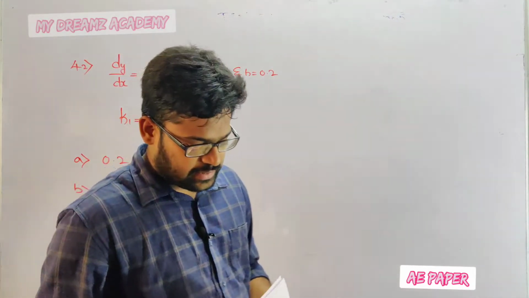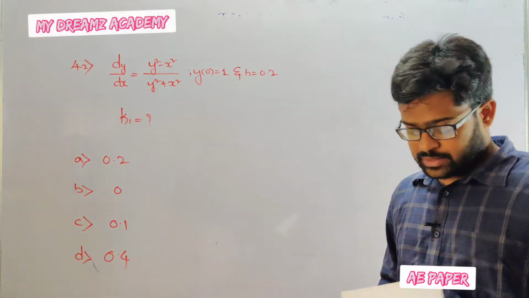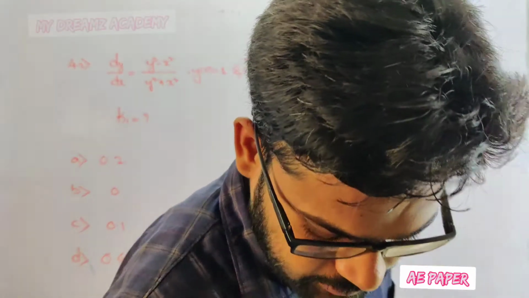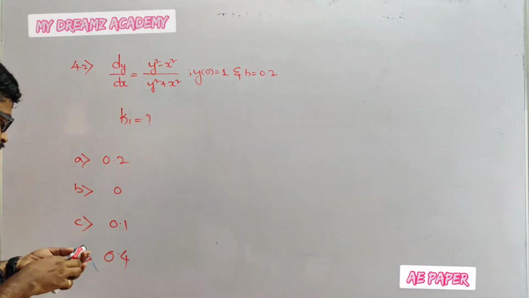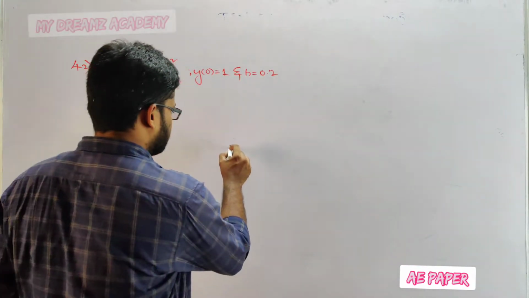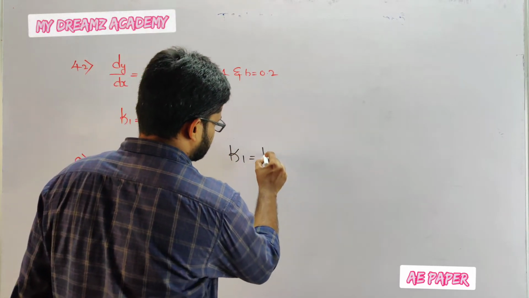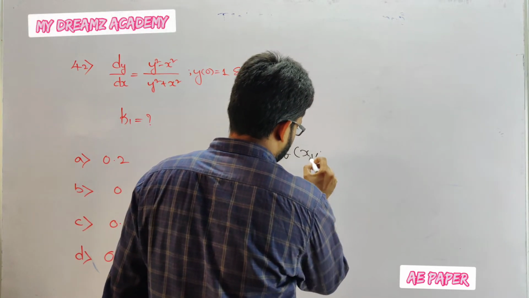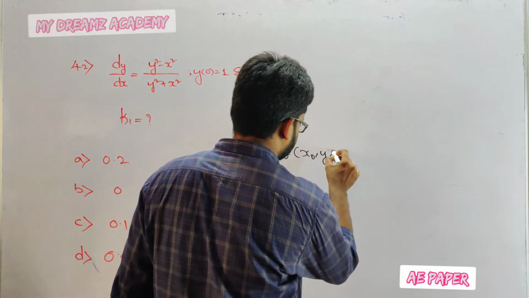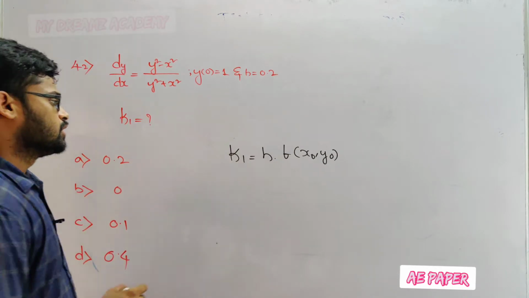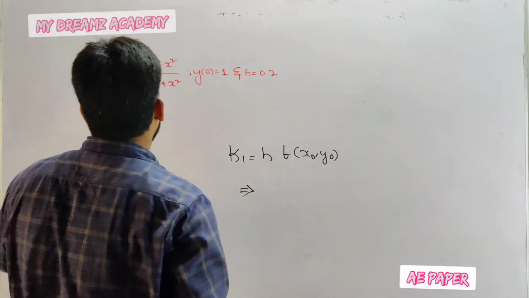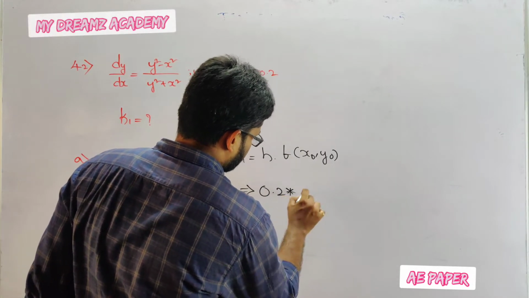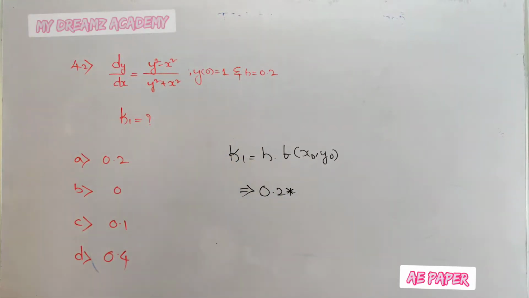Now we need to calculate the answer for this one. Tell me how to calculate the answer for this one. The k1 will be calculated like this. k1 equals h into f of x0 comma y0, where the value of h is 0.2, into f of x0 comma y0.